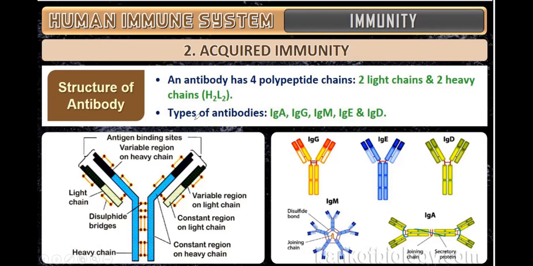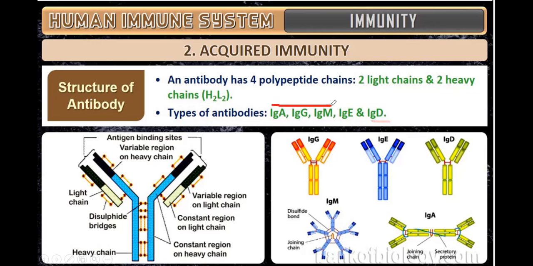There are different types of antibodies. Antibodies are of different types. They are named Ig, meaning immunoglobulins. So immunoglobulin A, IgA, IgG, IgM, IgE, and IgD.